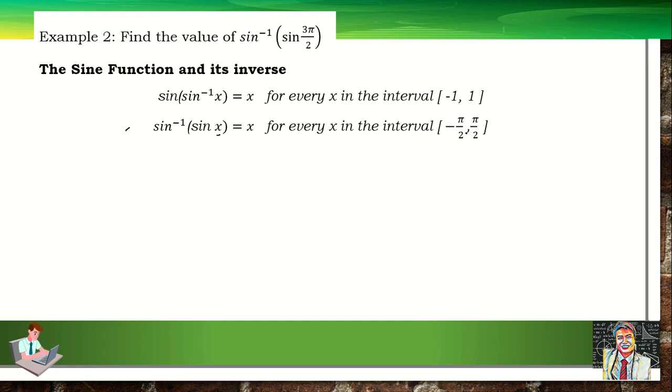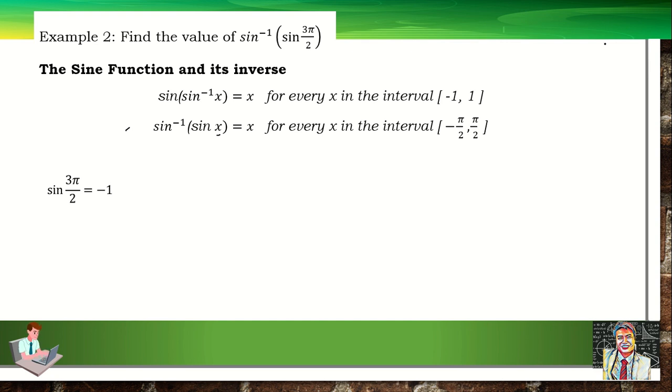Since hindi siya pasok dun sa range, sa interval, perform nyo muna kasi nga, di ba, any number naman, any angle, pwede natin substitute dun sa trigonometric functions at meron tayong values na makukuha dun. Okay, since meron tayong values dyan, perform muna natin. What is the exact value of sine 3 pi over 2 and that is negative 1.